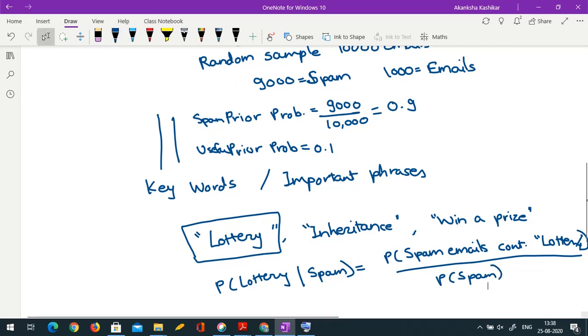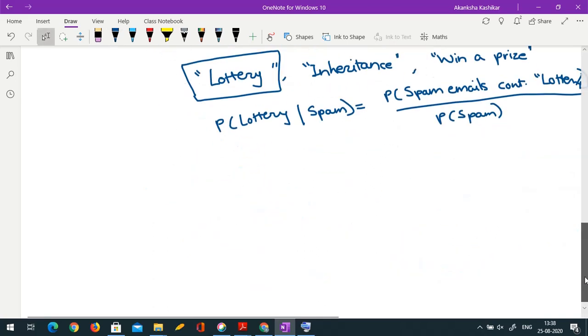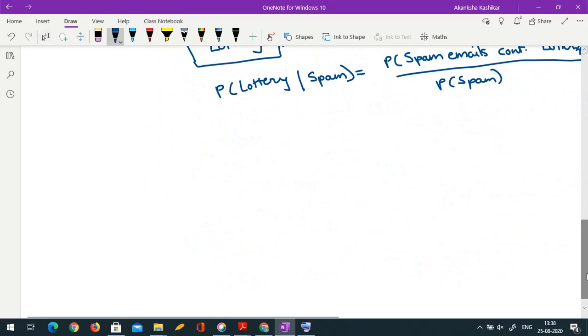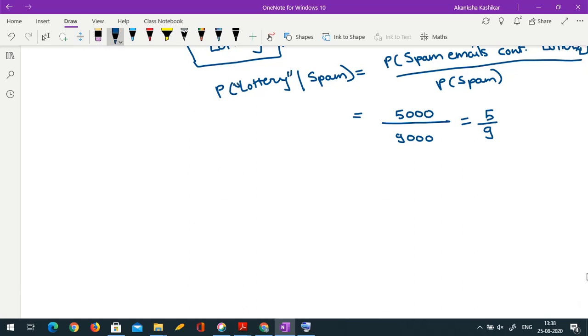That is the conditional probability equation I am writing. Basically I would see, out of 9000 spam emails, how many contain the word lottery. Suppose 5000 spam emails had the word lottery. So this 5 by 9 becomes my conditional probability of the word lottery occurring given that the email is spam.